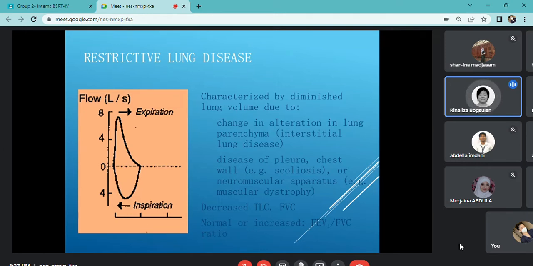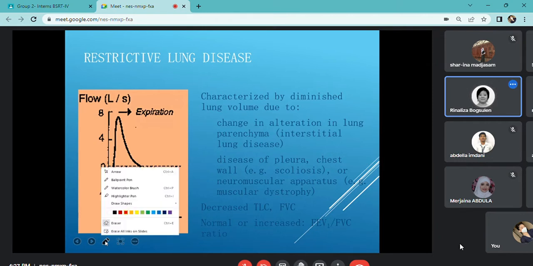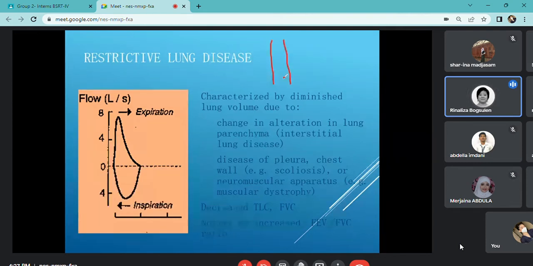Isipin mo, dito sa airways mo, there is obstruction. Either lumiit yung daanan ng hangin because of an obstruction. So you can have inflammation in the airways. You can have obstruction because of secretions. So when the patient will exhale, di ba? Sabi natin, FEV1 is forced expiratory volume in 1 second.